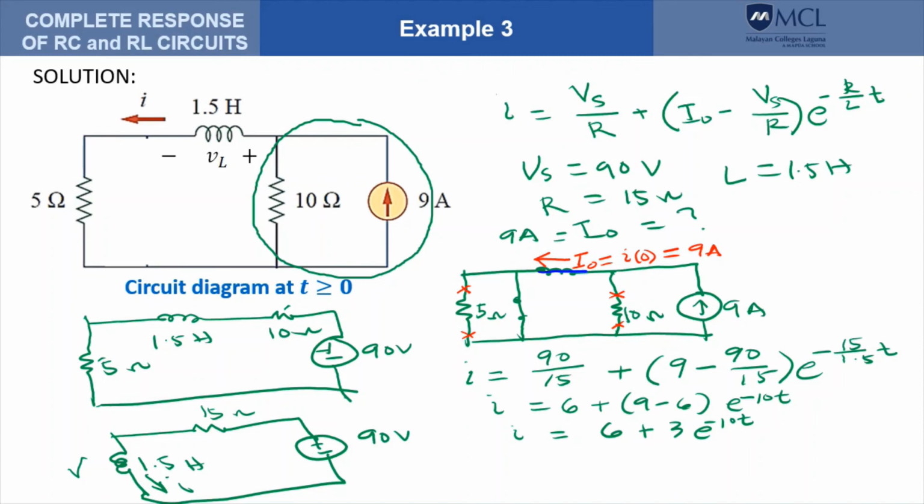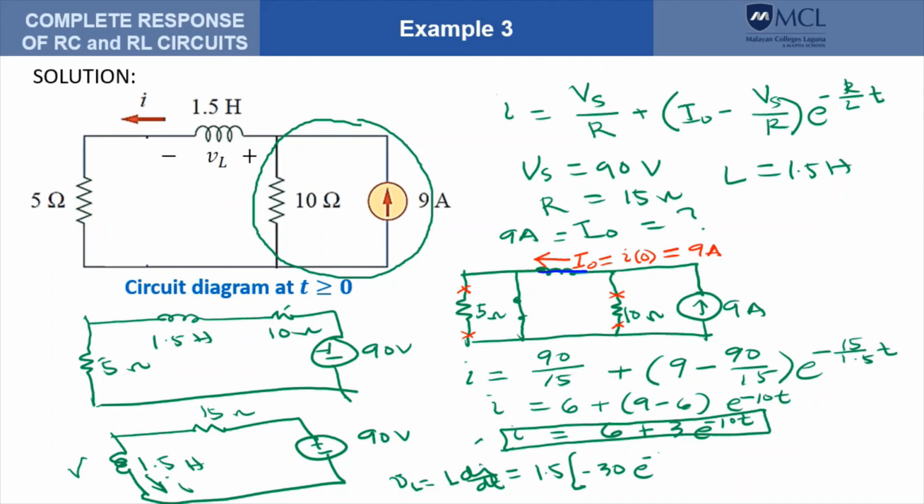Okay, so this should be our equation for the current. Now for the voltage across the inductor, that should be L di dt, and that should give us 1.5 times the derivative of this current, which is minus 30 e to the minus 10 t. Okay, so minus 30 is 3 times negative 10, and this should be negative 45 e to the minus 10t.